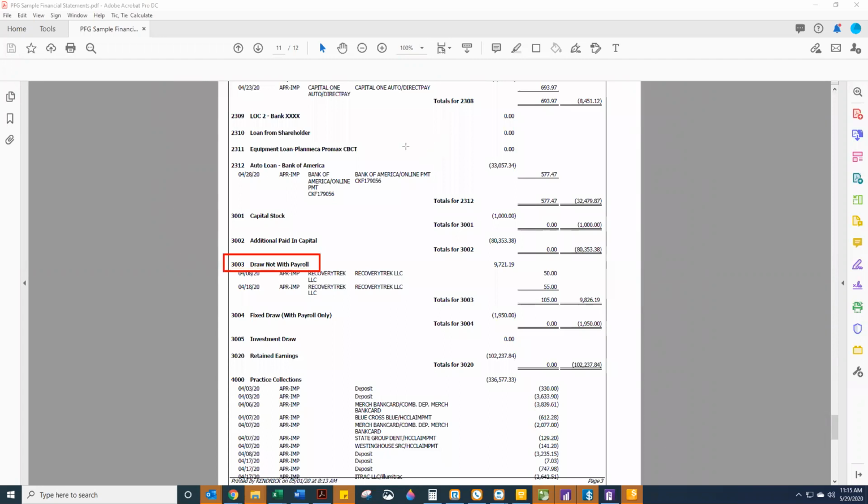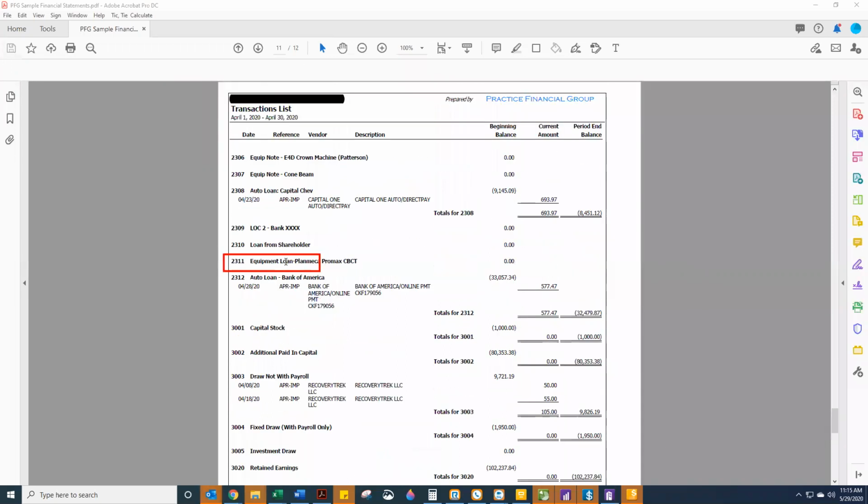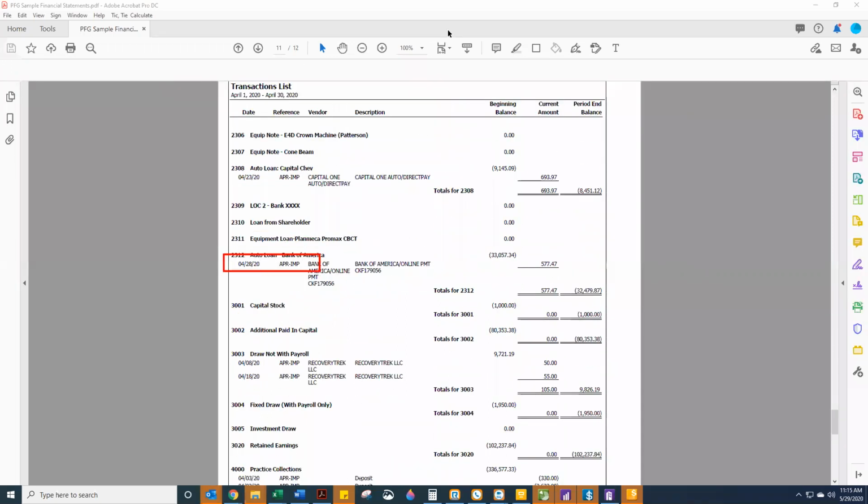After you get done with the cash flow report, the next 10, 12, 15 pages of your financial statements are just what's called the transactions list. And this basically gives you a breakdown where every single bank transaction or credit card transaction landed in your financial statements.